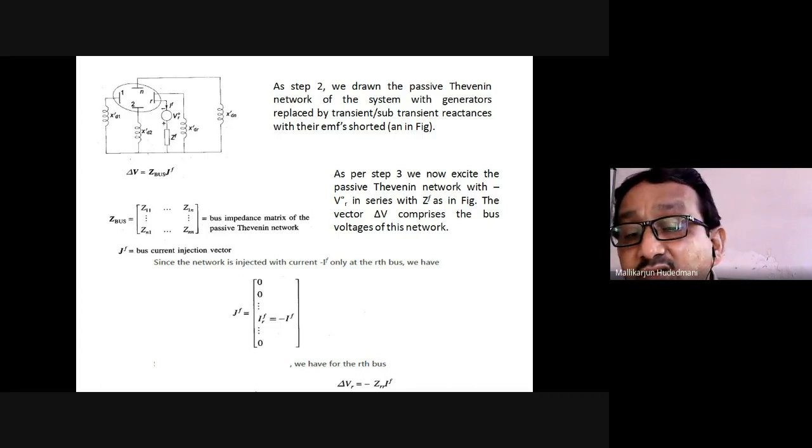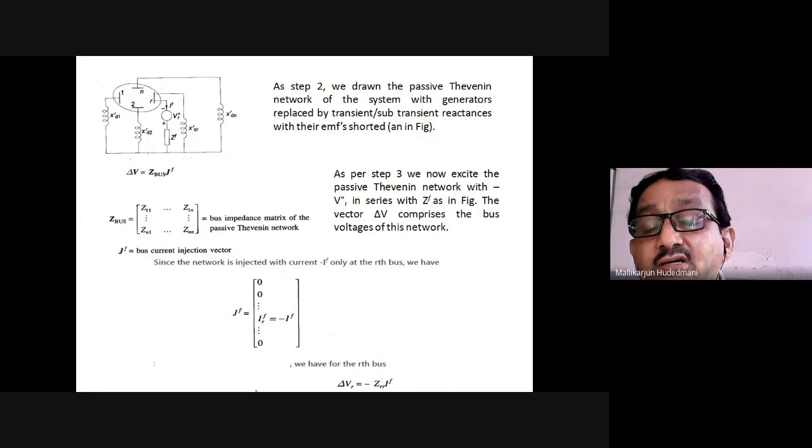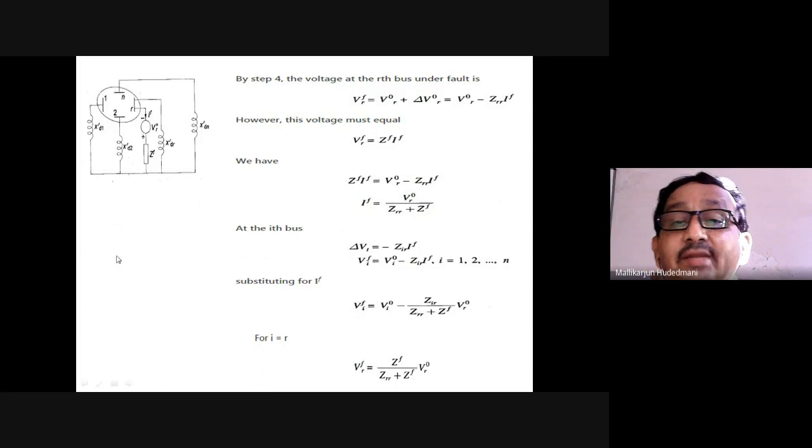Then using this delta VR, I can compute the post fault voltage, the bus voltage during the occurrence of the fault. So for that, next step: VR after the occurrence of fault is VR initial, its initial voltage, plus the residue I am able to calculate, which provides me VR initial minus ZRR IF.